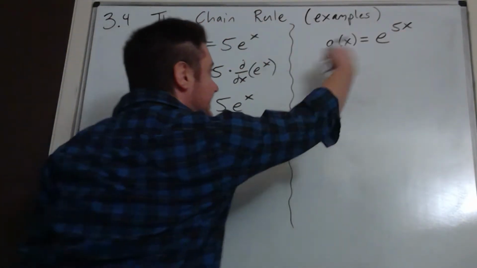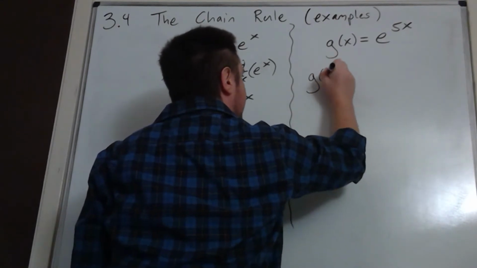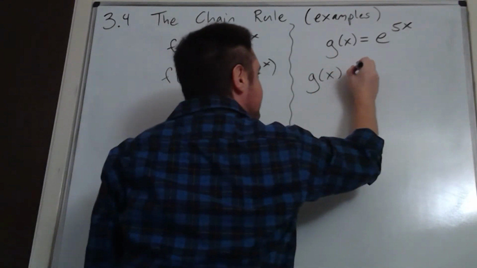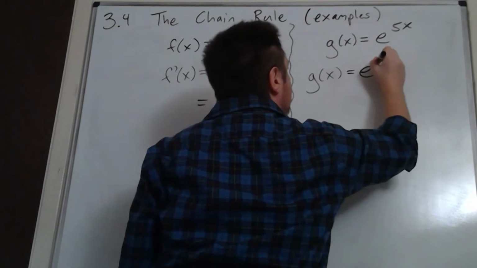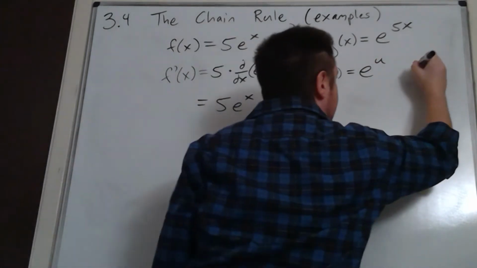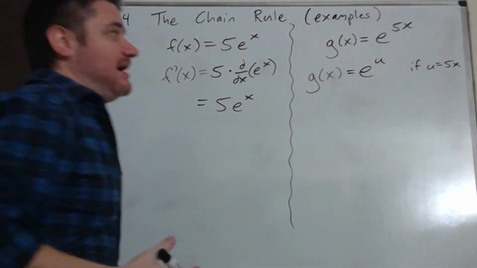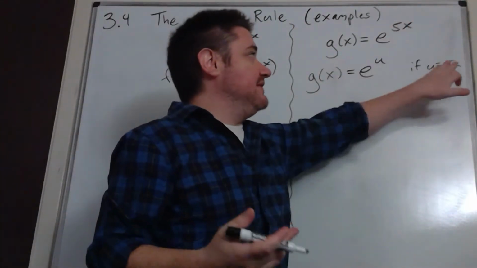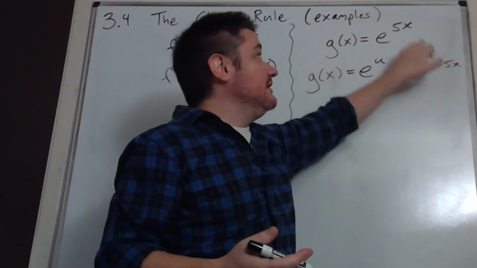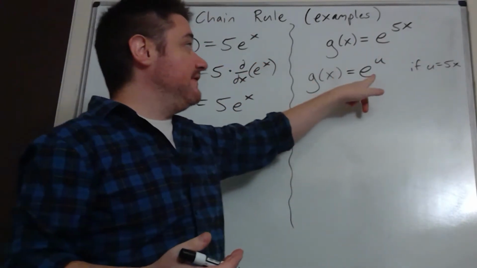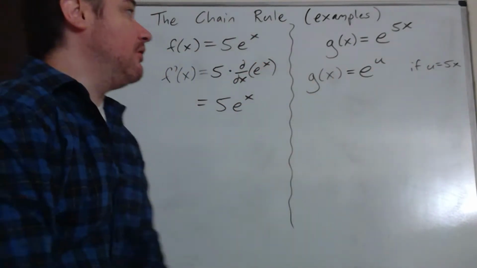Okay, in other words, I can express here g of originally a function of x. I can write it as e to the u, right, if u is equal to 5x? So I'll say it the other way: let u equal 5x, and then my original function here is e to the u, all right?